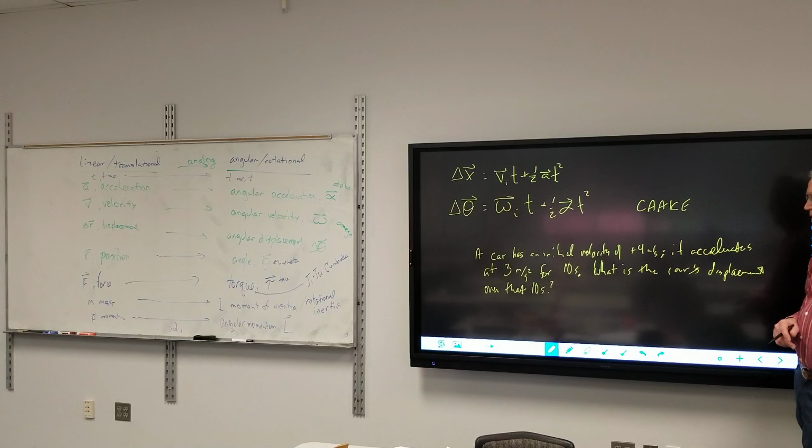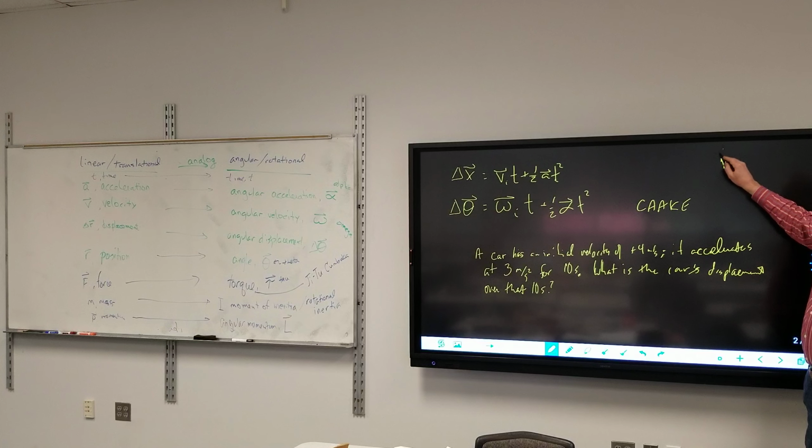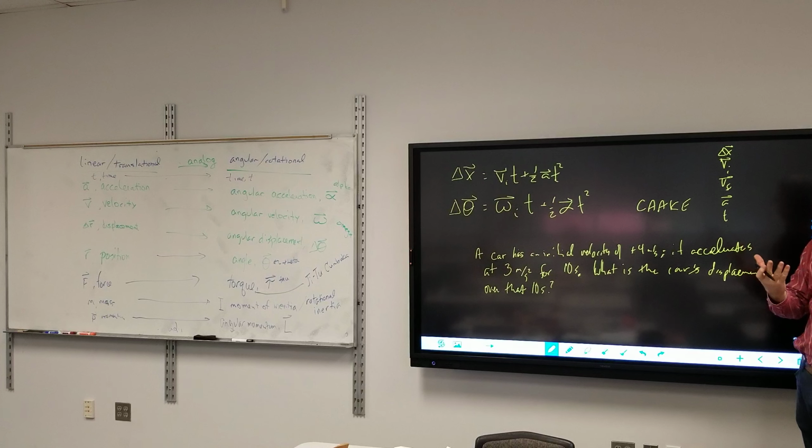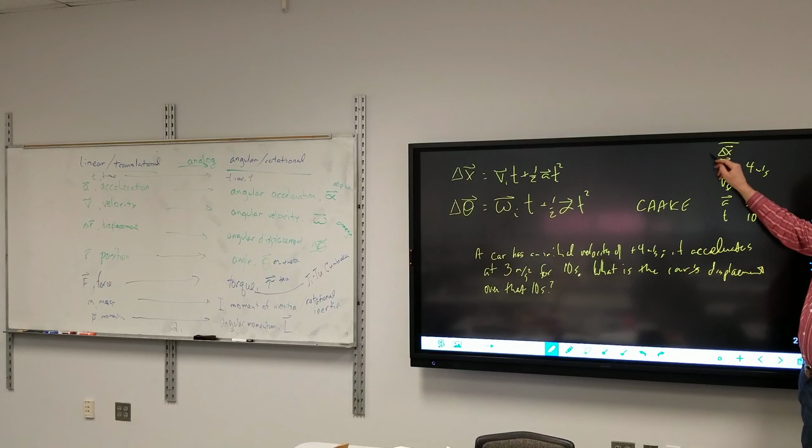All right. A 1A kind of problem, where you've got displacement, initial velocity, final velocity, acceleration, and time. You got the 5 big ones there. And I know that this is 4 meters per second. Acceleration is 3 meters per second squared, and time is 10 seconds. You're asked to find this.